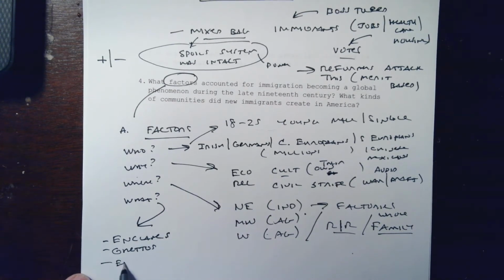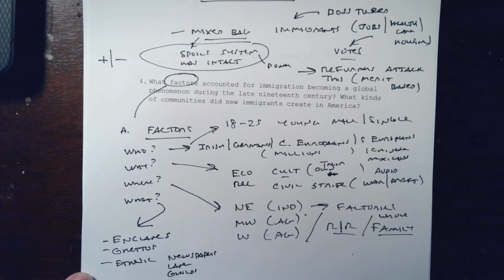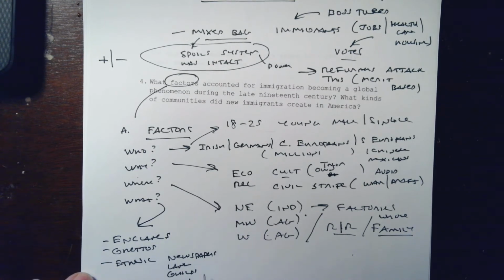They'll have ethnic newspapers, ethnic language, guilds, banks, and businesses. Now, I didn't talk too much about guilds before, but what that is just the trades.